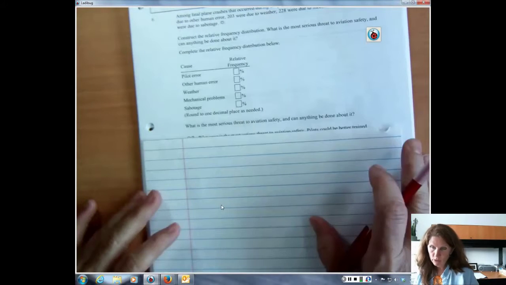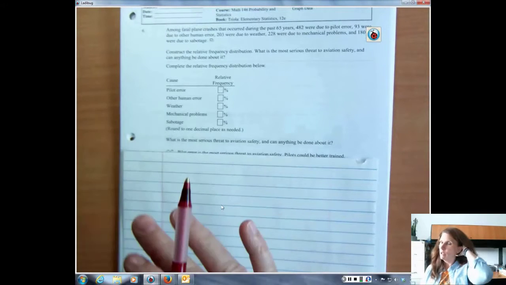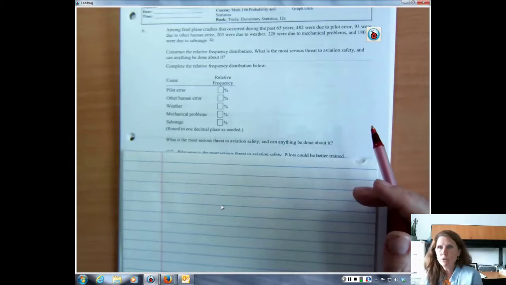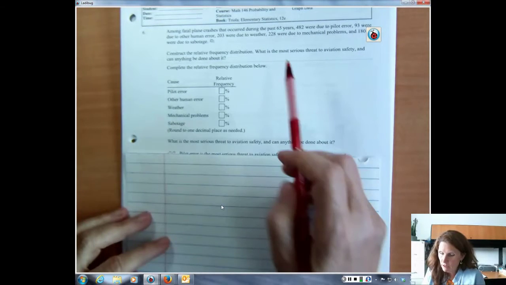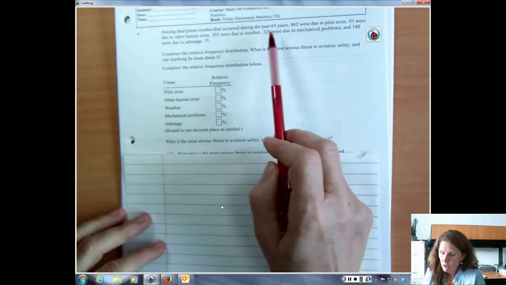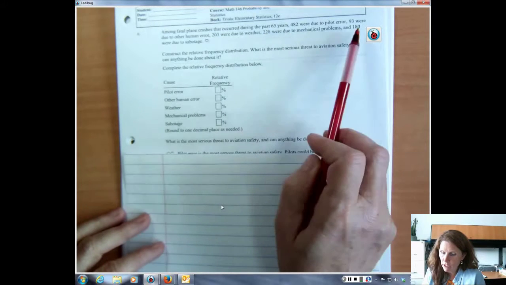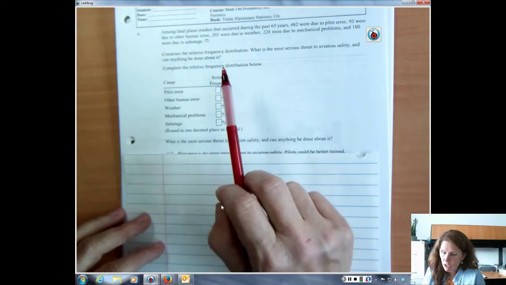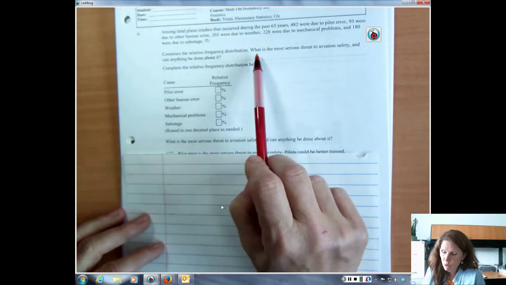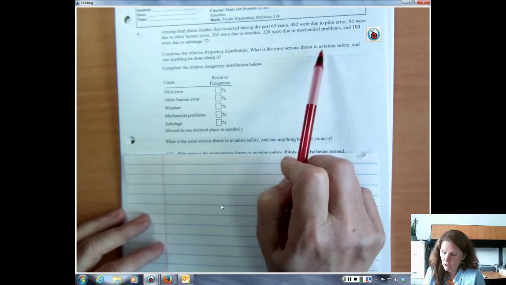Okay, so this one is very similar, so we'll just go ahead and look at number 6 without going back to the other screen. So there were 482 pilot error accidents, 93 human error, 203 weather related, 228 mechanical, and 188 were due to sabotage. Construct the relative frequency distribution. What is the most serious threat to aviation safety, and can anything be done about it?